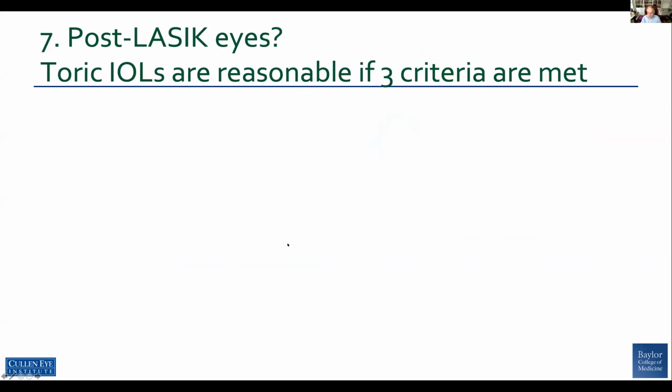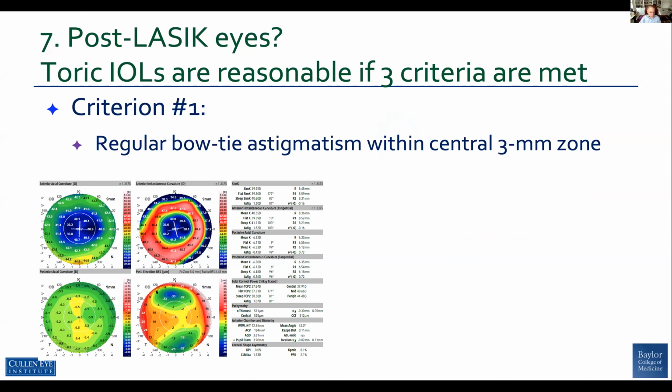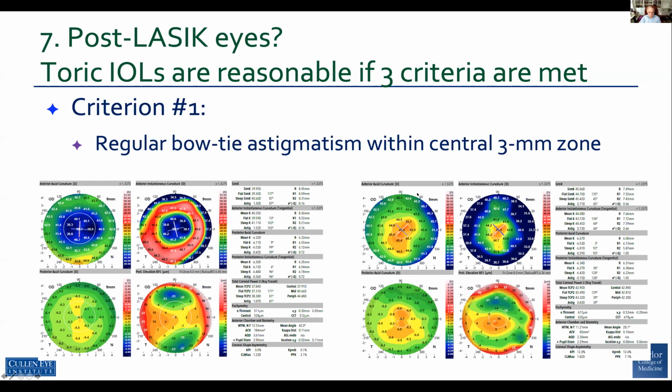What about post-LASIK eyes? This is kind of an interesting group of patients. Obviously, we just published this in JCRS, and we have found that you can use toric IOLs with good accuracy if you meet 3 criteria. First, regular bow tie astigmatism on the anterior surface within the central 3 millimeter zone, whether it's myopic or hyperopic LASIK.